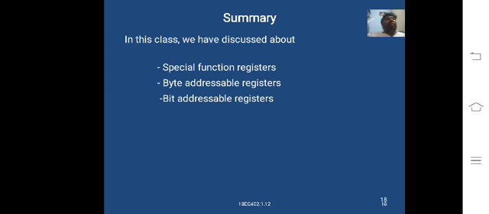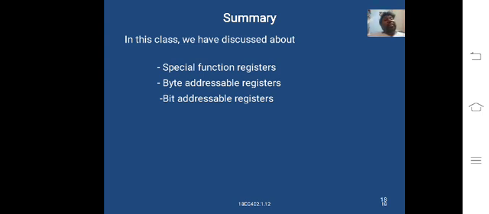And the TCON register, timer control register, SBUF, serial buffer register, and interrupt control registers, interrupt enable and interrupt priority, four port registers, port 0, port 1, port 2 and port 3, and PCON, the power control register.